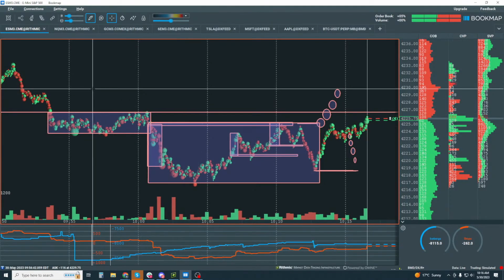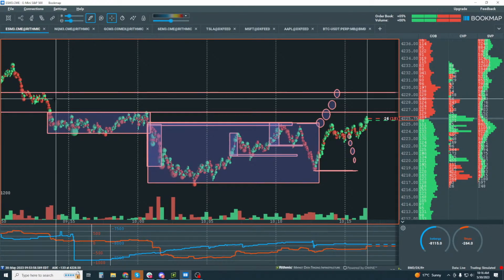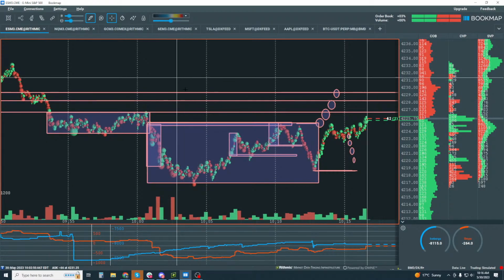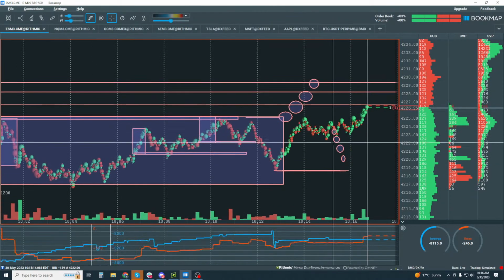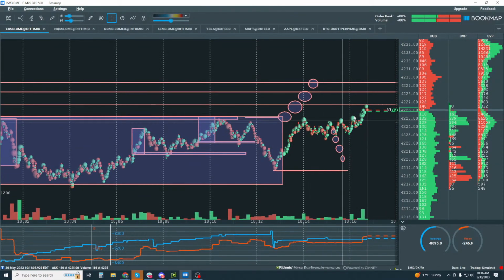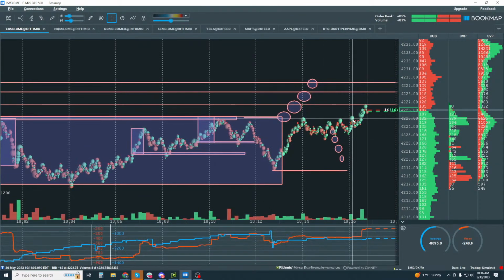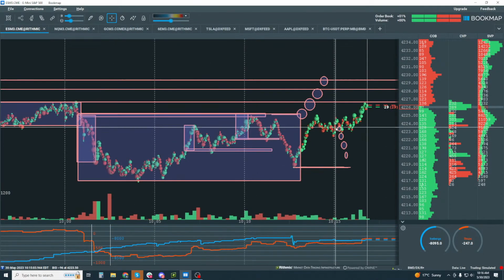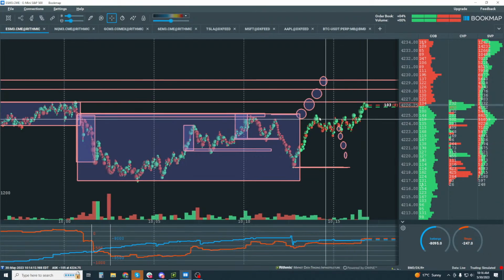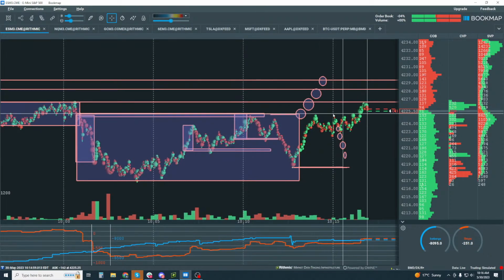Okay, that would be the first stop. Second stop up here, or maybe here where the sellers came in. Okay, see how much better that is to understand just these two elements in here, to where price may go to test because of the volume and the behavior within the pattern.